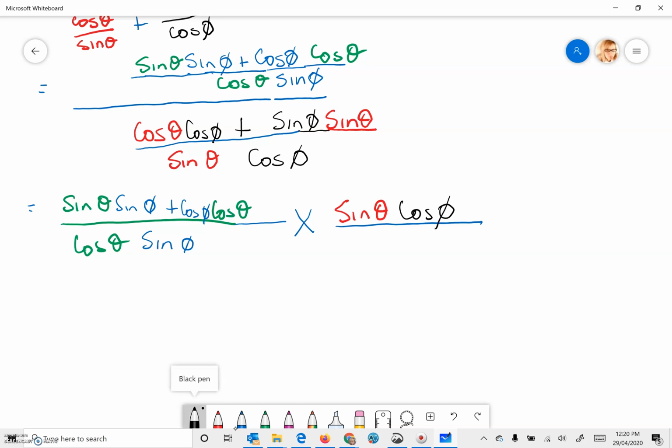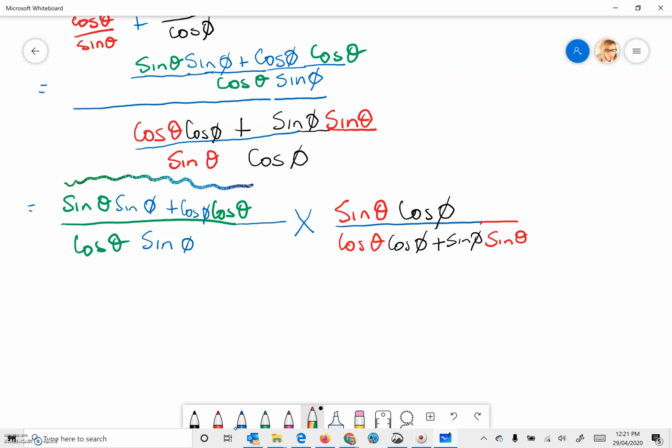And then underneath we're going to have cos theta plus sine theta cos phi plus sine phi. Now we get excited because let's have a look. Look at this one. And look at this one. I think they're the same.